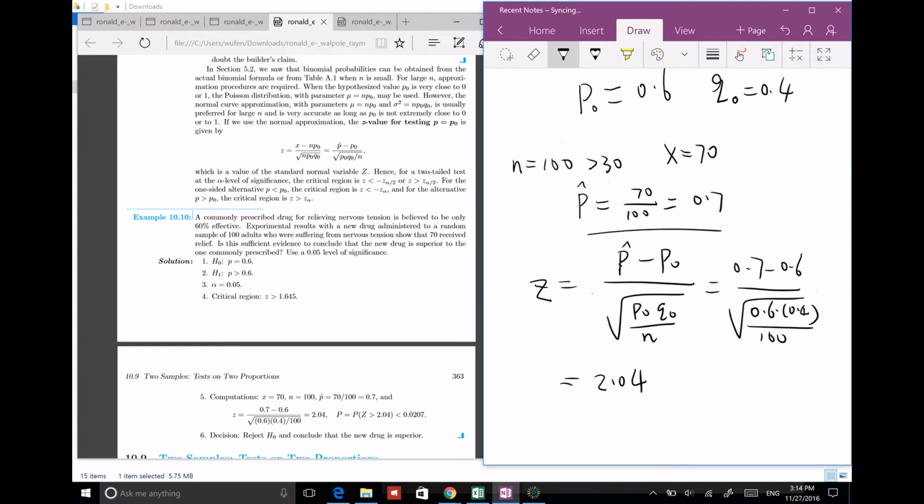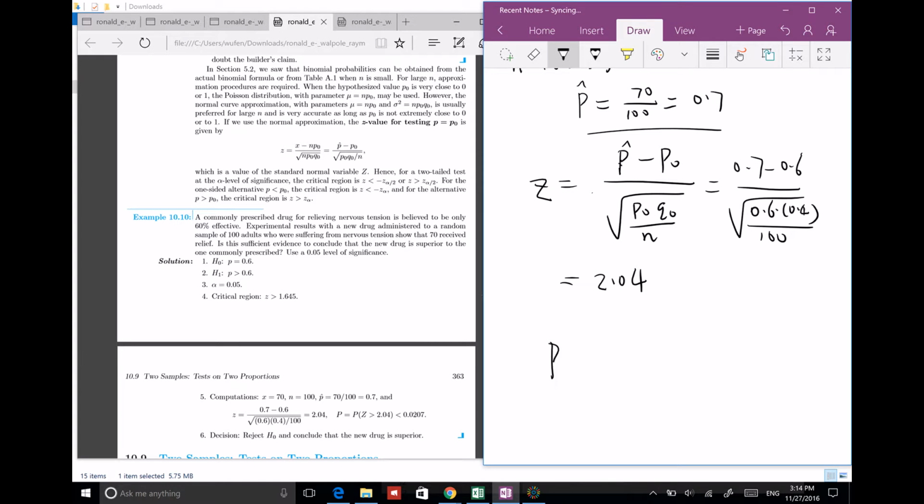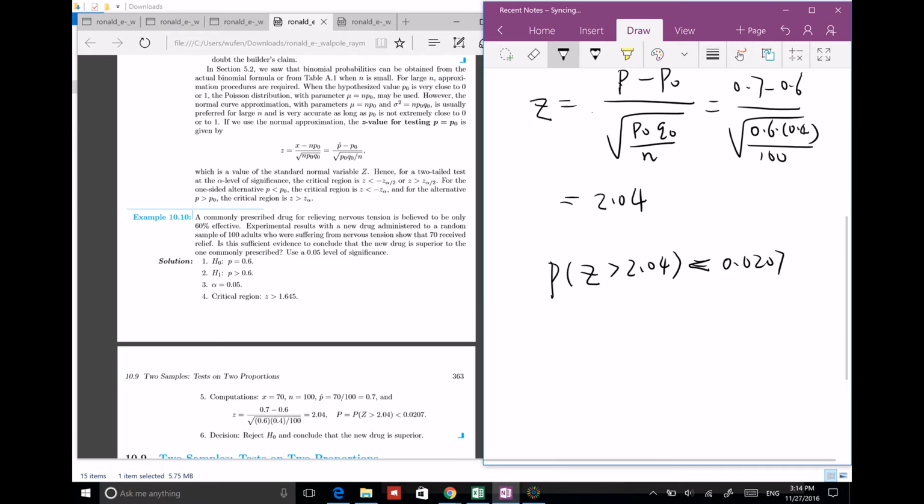2.04. So z equals 2.04, now let's find the probability of z bigger than 2.04. It is less than 0.0207. So it's very small. Now the claimed proportion value p equals 0.6 is right here, and now I got this value almost here, so it's really far away.